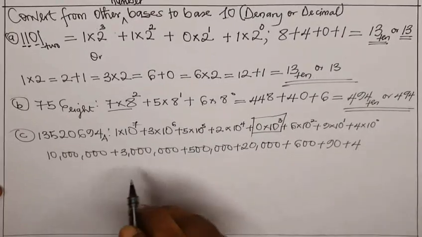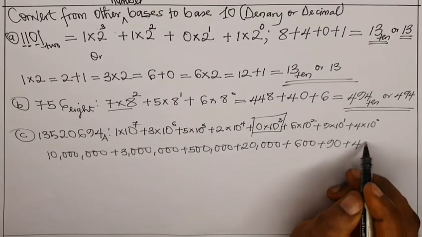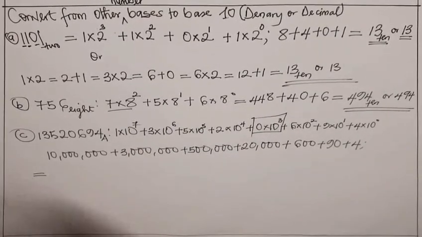Now let's try adding all these together and see what that is going to result in. So first, 10 million, I am going to add 3 million to it. Then I am also going to add 500,000 to it. Next, we add 20,000. Next, we add 600. And next, we add 94 to it.